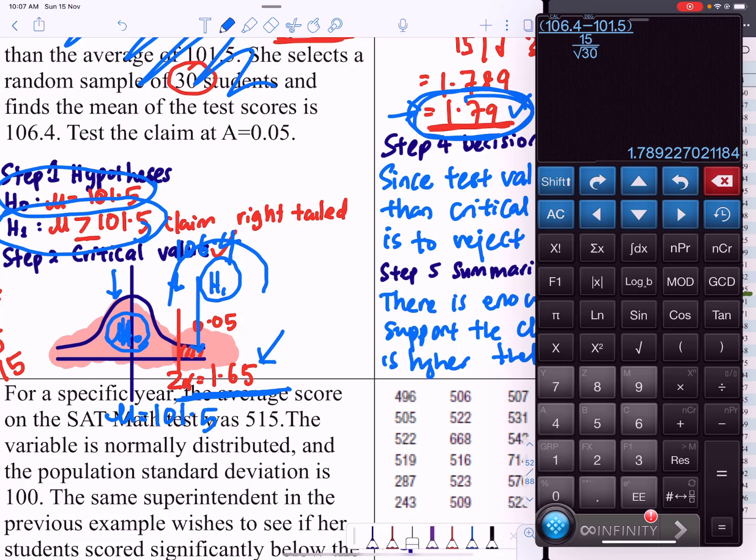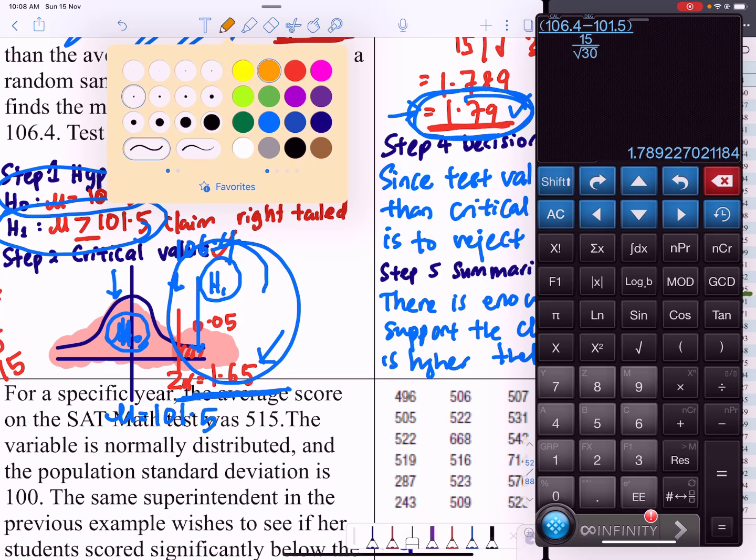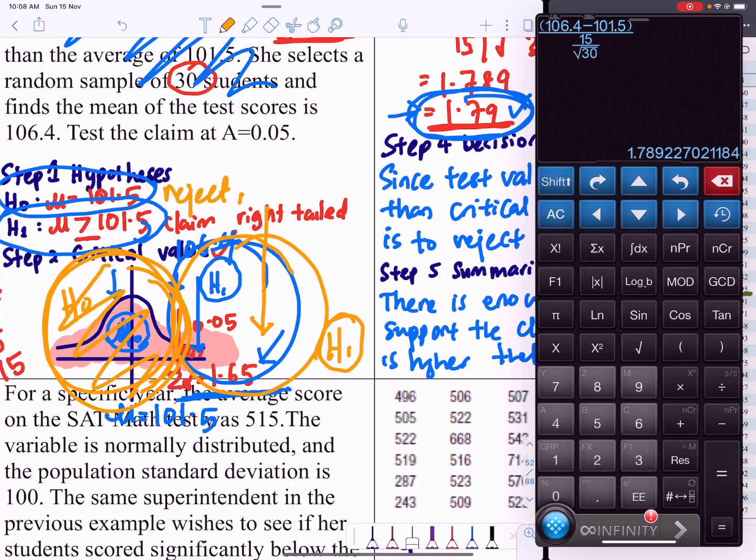That means this region is for the alternative hypothesis and this region is for the null hypothesis. If the test value falls on the alternative hypothesis, we reject the null hypothesis. If it falls on the null hypothesis region, then we cannot reject the null hypothesis.